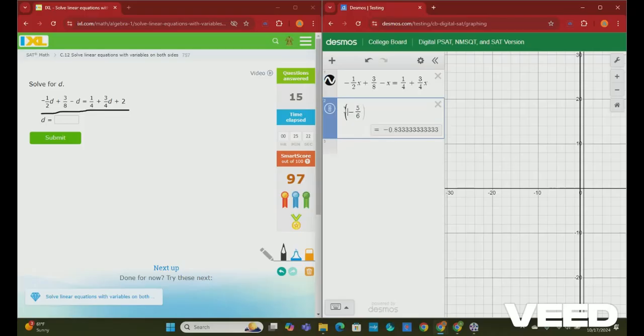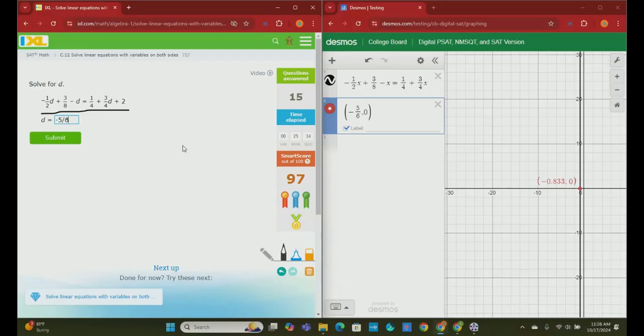We have to know that is a fraction. So if you want to maximize your opportunity for getting this correct, you gotta do it like this. So I'm going to say that is negative 5/6. But it's just negative 0.833. But to be safe, since it's asking for fractions, we'll deal with it as fractions for now.